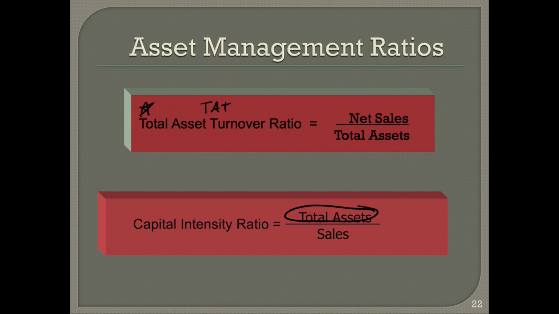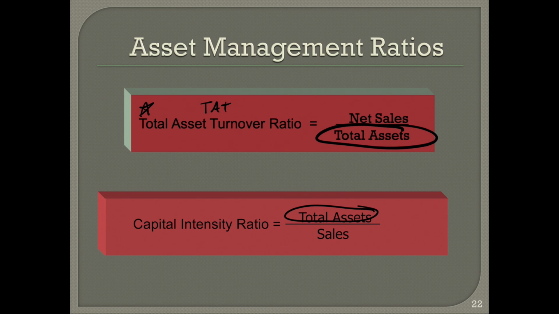But on the other side of that coin, if it's too low, if maybe your total asset turnover takes a substantial drop from one period to the next, maybe that's not necessarily a negative sign. Maybe it's just a situation where they just made a new investment in fixed assets, so they have a higher value on their balance sheet than what they did in the previous period.